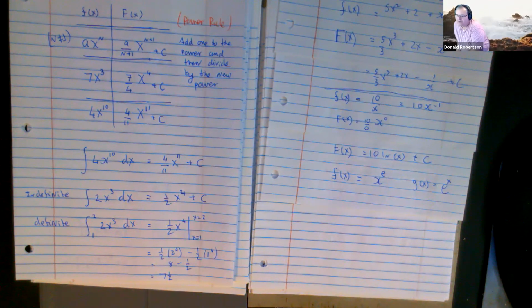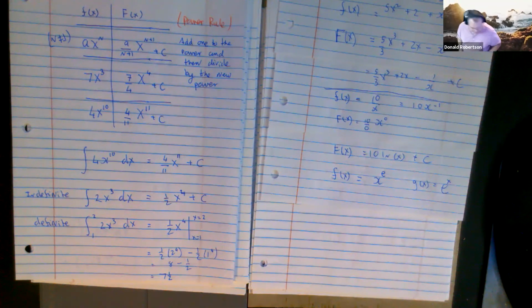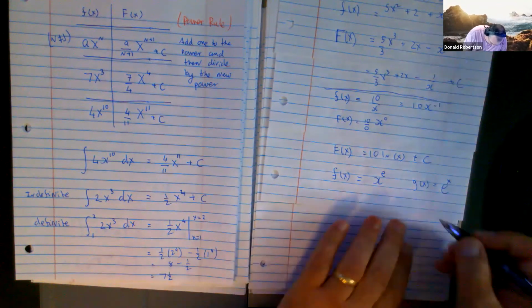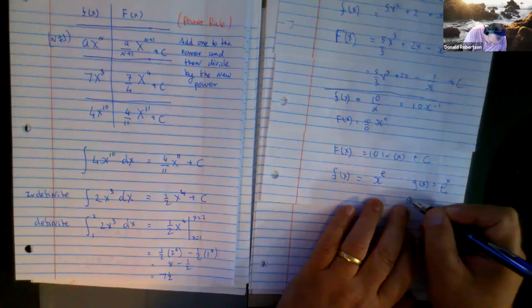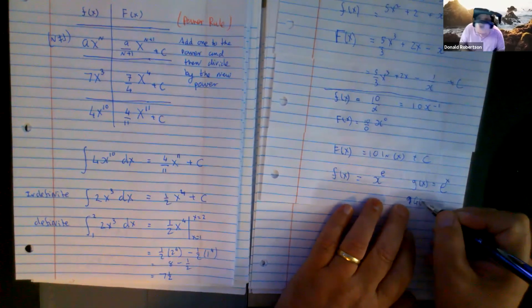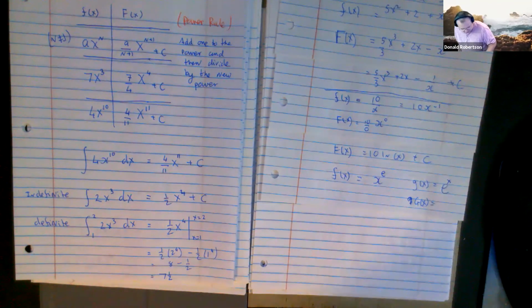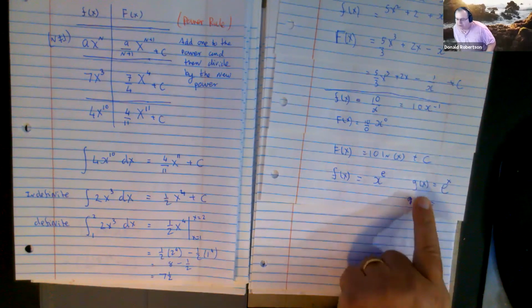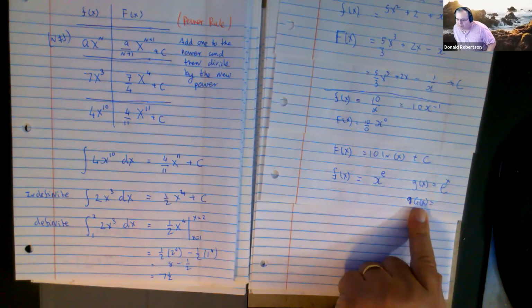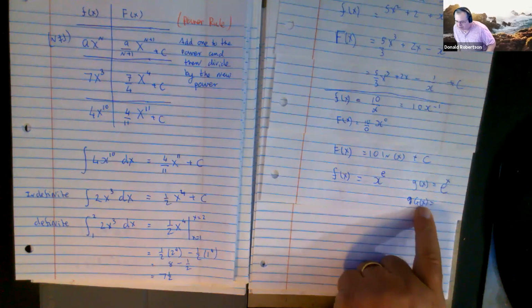You agree? They're not the same. It's obvious that they're not the same. The rule is that if you use g, because some functions are called h of x and f of x and whatever, its antiderivative is typically the capital of the same letter. So capital G of x is the antiderivative.